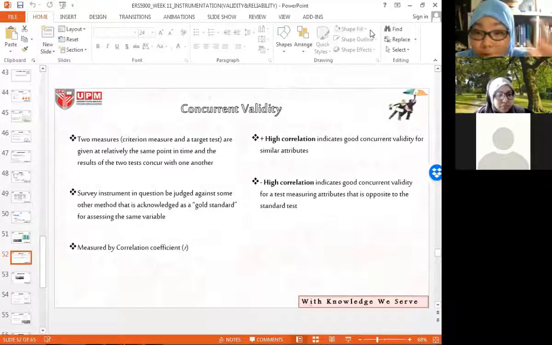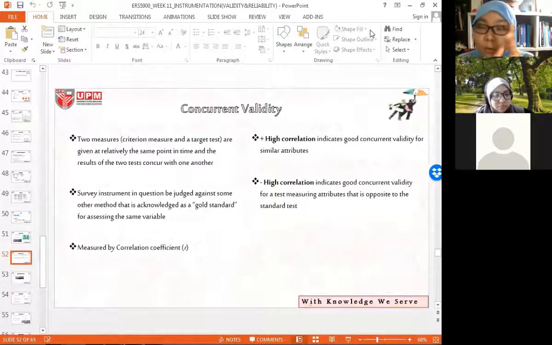So, to simplify the concurrent validity ni, we have two different measure. Okay, one is standard, the gold standard. Okay, gold standard instrument. Okay, and then the second one is the one that you want to use. Gold standard ni meaning that a well-known established instrument measuring, for example, you want to measure performance, job performance. Okay, so you have one gold standard instrument.